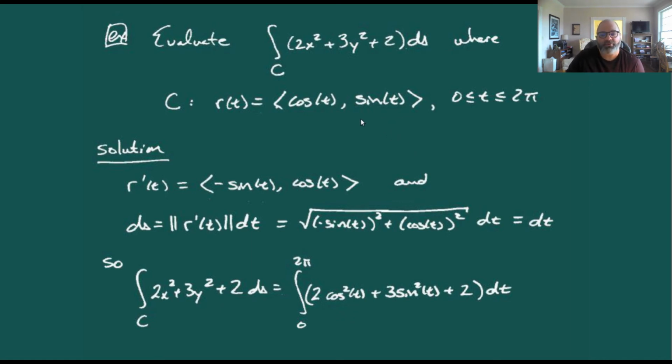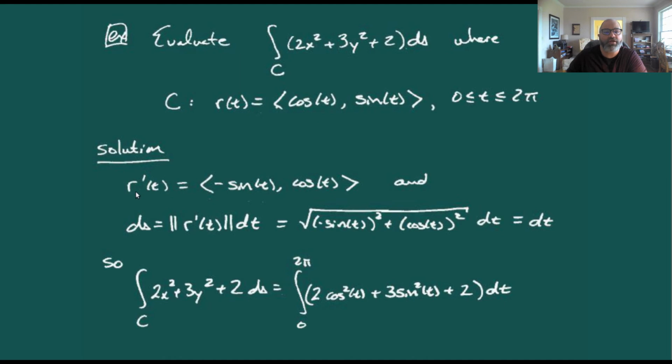Computing another one, suppose that we're given a line integral over C of (2x squared plus 3y squared plus 2) ds. In this case, we want to use the curve C, which is parameterized by (cosine t, sine t), with t going from 0 to 2 pi. So we're really doing this line integral over the circle of radius 1.